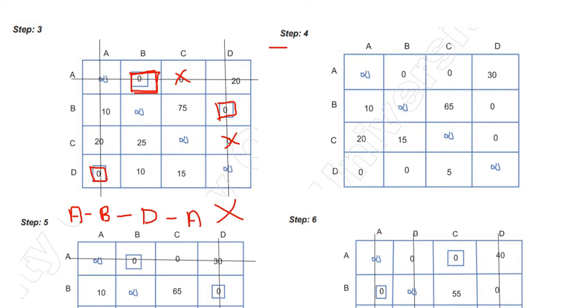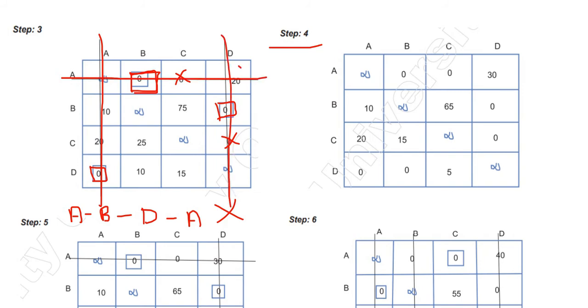We have to rewrite the matrix in such a way that all the other cities will be visited at least once. So here in step 4, the matrix is being calculated in such a way that we will cross over the lines which have 0, this line as well as this line.